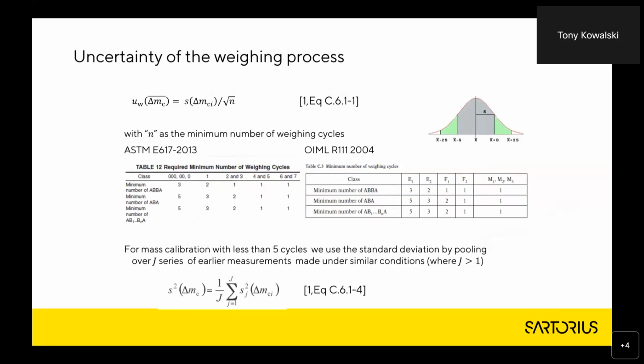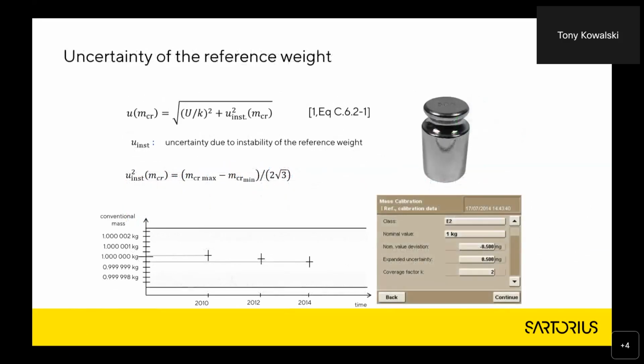So in the weighing process, we'll do our ABBA, and we will end up with a contribution to the uncertainty. The reference weight from its certificate will have an uncertainty value. So if we're putting this into our database, it's a class E2 weight. Its nominal value is a kilogram.